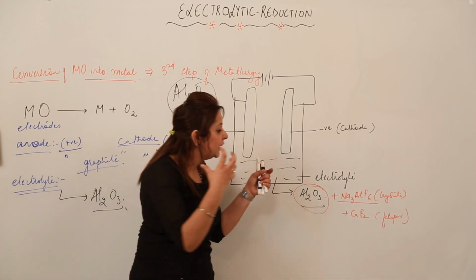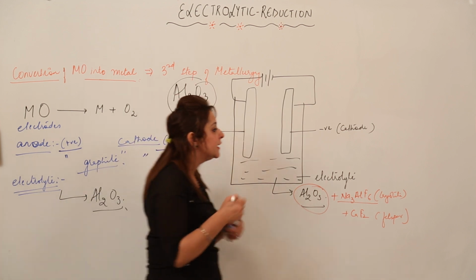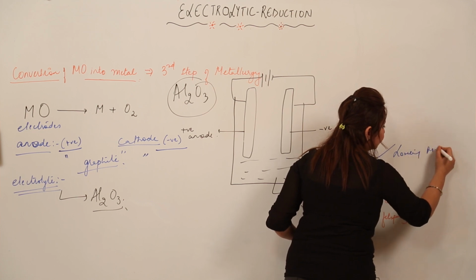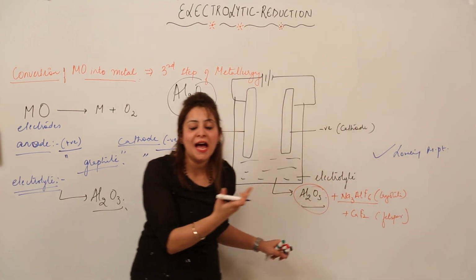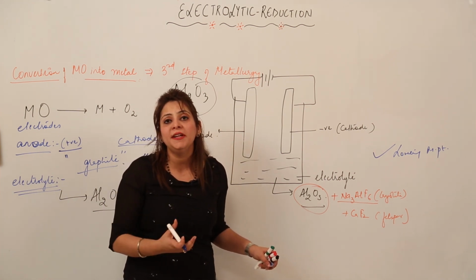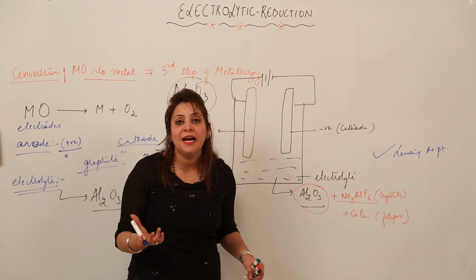Here the cryolite and feldspar serve this function by lowering its melting point. Indirectly, this affects the degree of ionization, because the lower the melting point, the more easily it will get ionized, or get ionized completely.